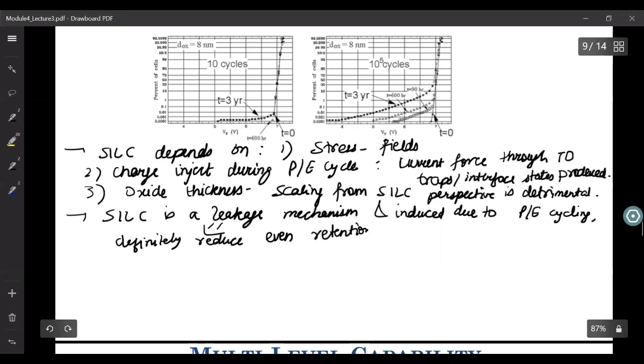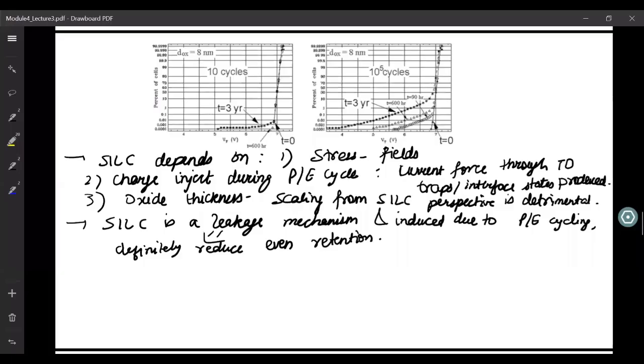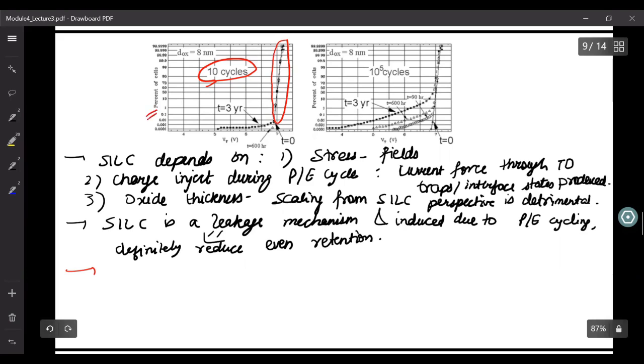Right? Retention will be reduced because of this leakage which is happening at low electric fields. So if you look at these plots which simply show retention of threshold voltage or retention of charges after different number of cyclings. So when the number of program erase cycles is only 10, on y-axis you have percentage of cells which have certain threshold voltage, x-axis you have threshold voltage.